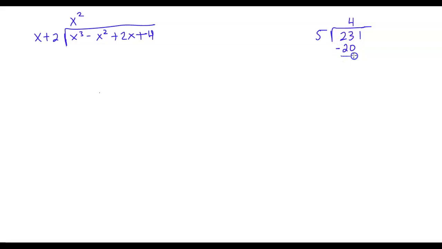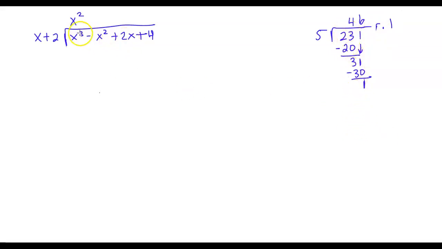We'll subtract, get 3, and then we bring down the 1, and then we'll start that process again. 5 goes into 31 6 times, because 6 times 5 is 30. We subtract again. We have remainder 1. And since we have no numbers left, we can just say that that's the remainder 1.